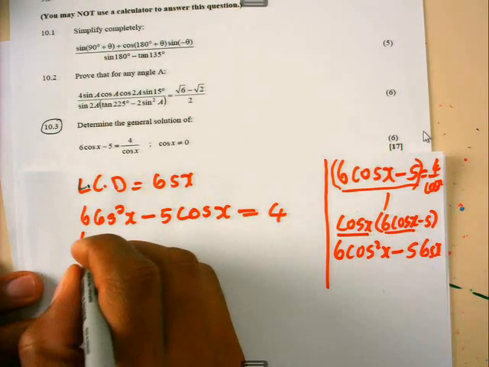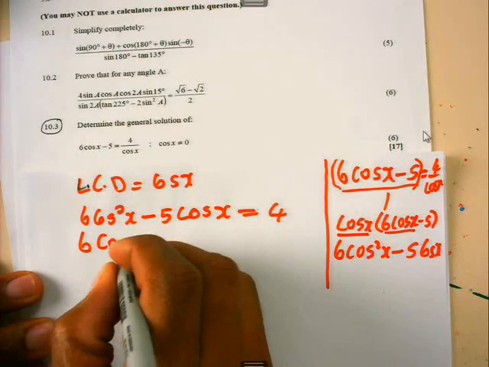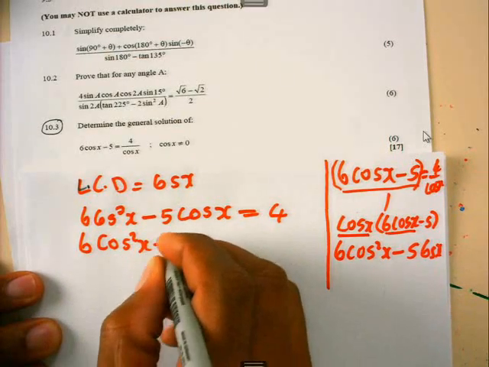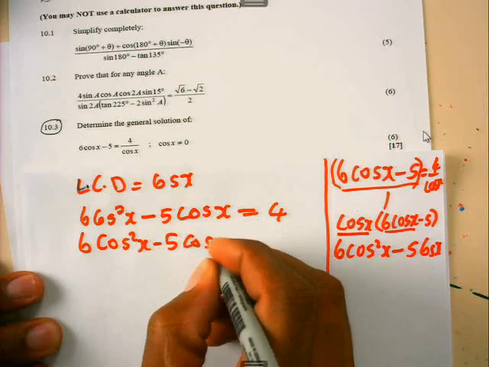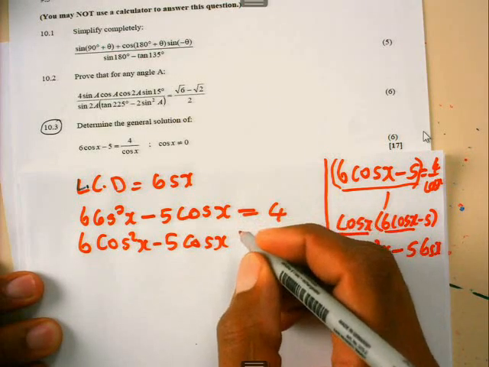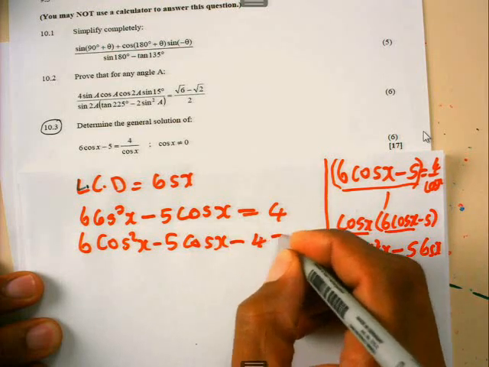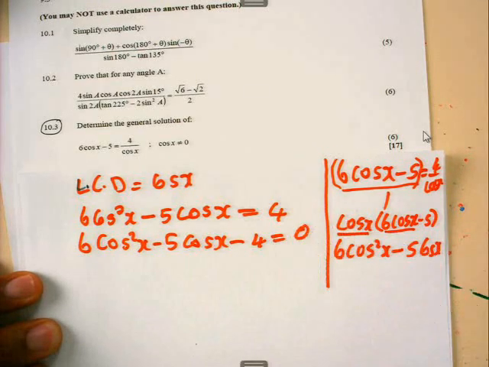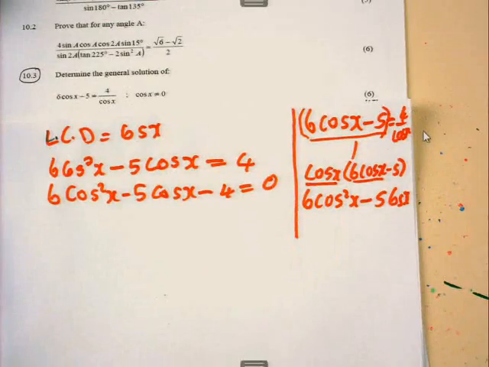This will be 6 cos squared x minus 5 cos x. Now 4 here is positive; when I move it to the other side, we are going to have minus 4 is equal to 0. Good. Now we have 6 cos squared x minus 5 cos x minus 4 is equal to 0.